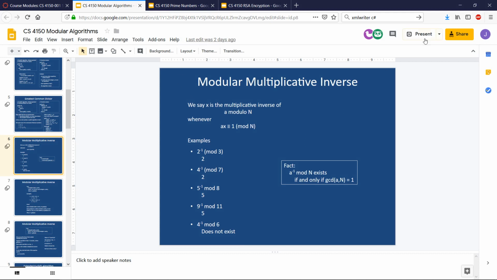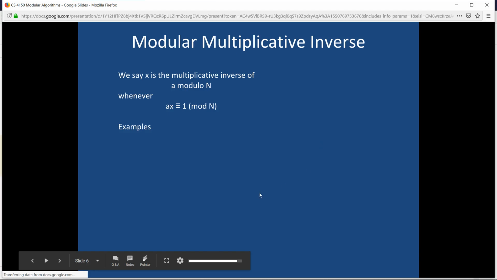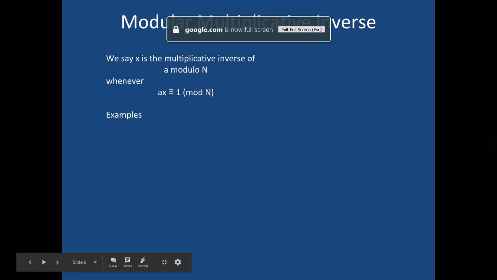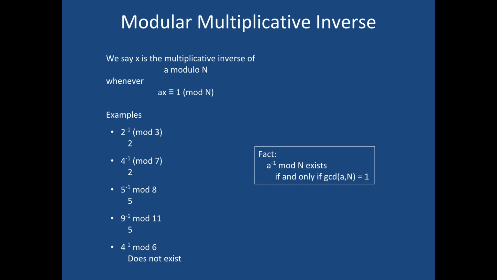Here is where we left off last time. Modular multiplicative inverse. We already looked at, in fact, that third example right there.